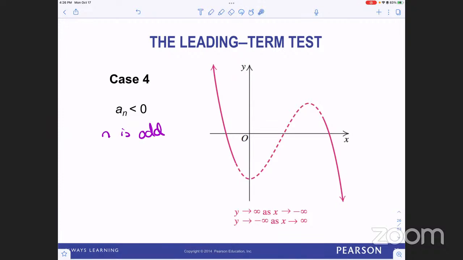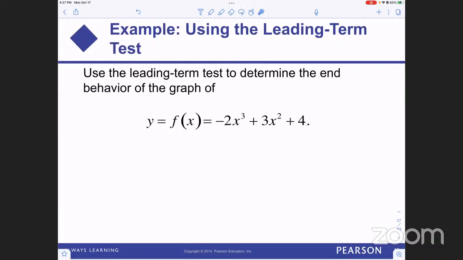So the right-hand side goes down, and with n being odd, the other side does the opposite. The way I remember that: even means the other side does the exact same, odd means the other side does the opposite. So that's the leading term test, which is an extension of the end behavior of the power function. They're kind of the same thing, just for two different types of functions.